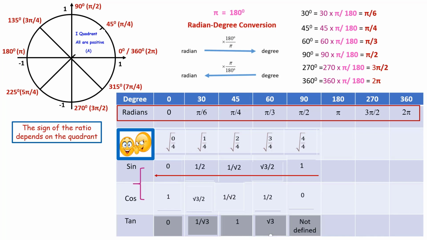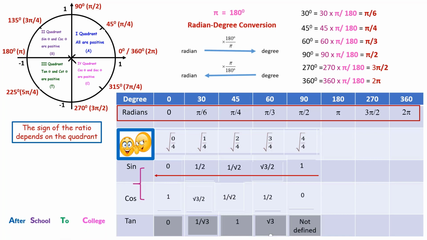In the second quadrant, sine theta and cosecant theta are positive only. When I say that sine theta and cosecant theta are positive, I mean that all other trigonometric functions are negative in the second quadrant. And in the third quadrant, tan theta and cot theta are positive. And in the fourth quadrant, cos theta and secant theta are positive.